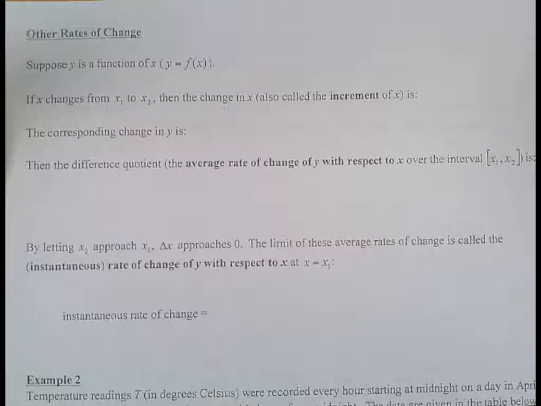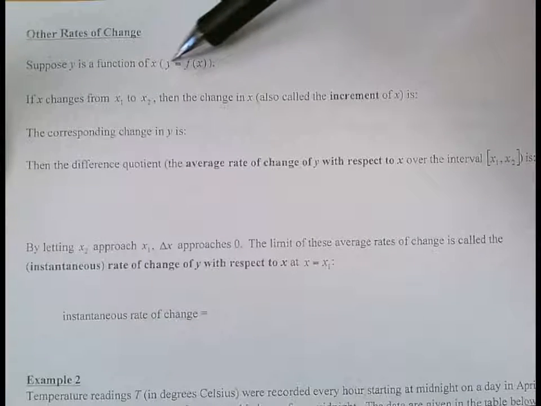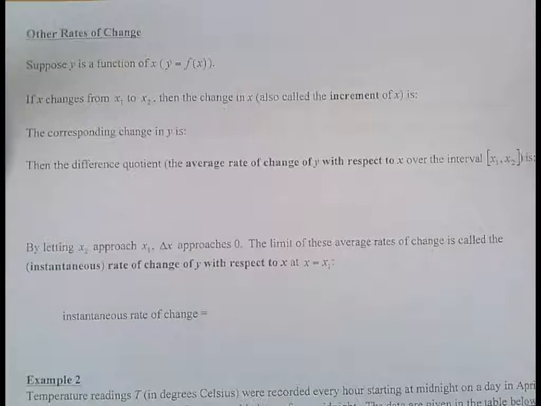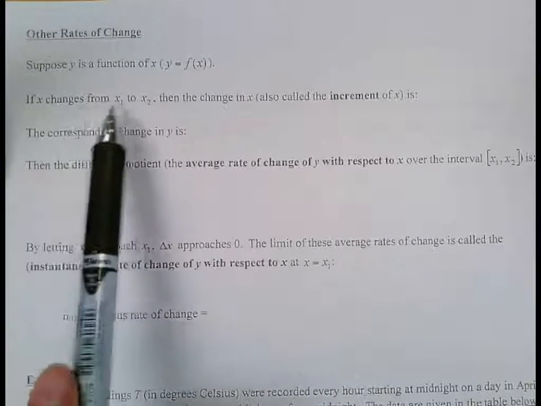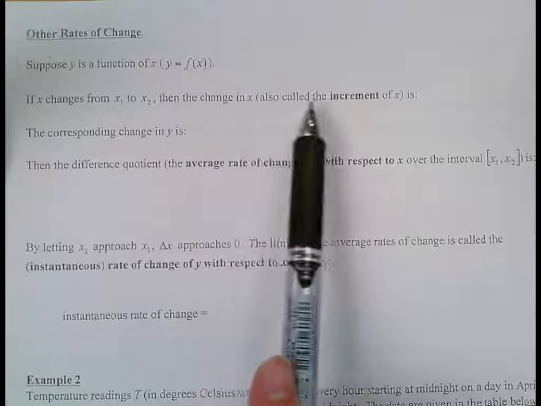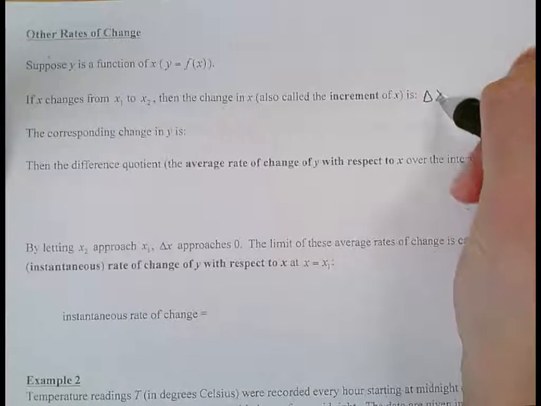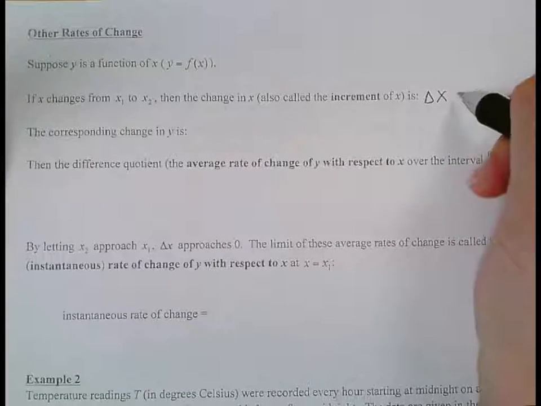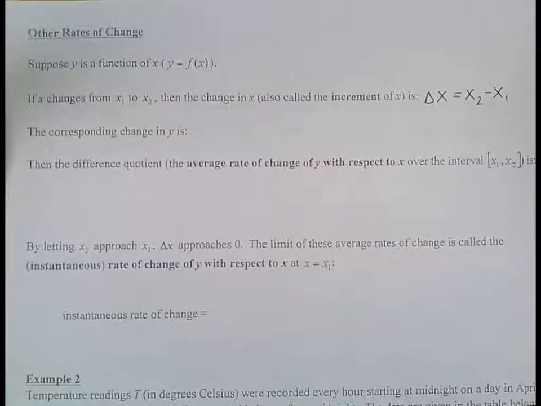So this is saying here, suppose you have some general function, so suppose y is a function of x, so y is f of x. And then if x changes from x sub 1 to x sub 2, then the change in x, also called the increment of x, we can represent as delta x. That change in x would be x sub 2 minus x sub 1.